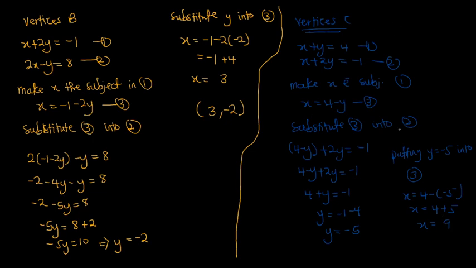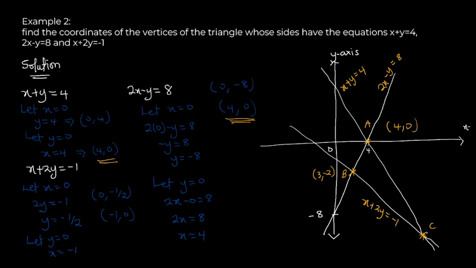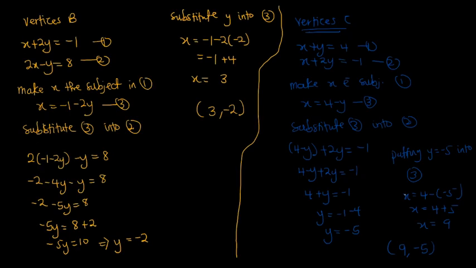So for vertex C, the coordinates are 9 for x and -5 for y. So the point over here is 9 and -5. So this is where they meet. That is how we solve the intersection of two lines to find where they meet at a particular point.